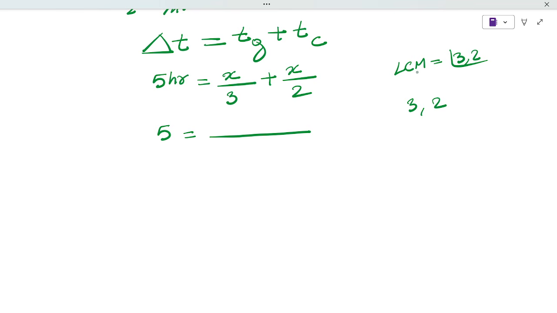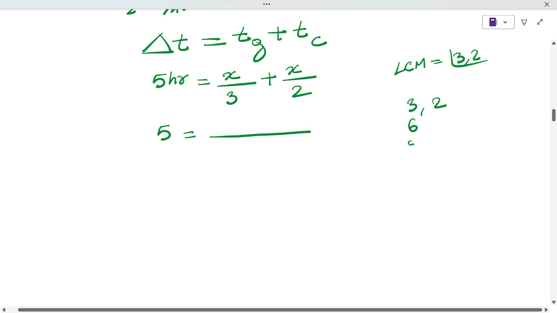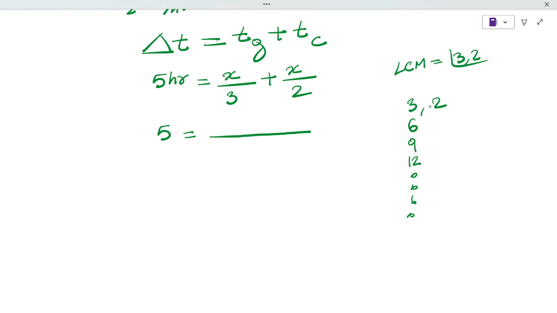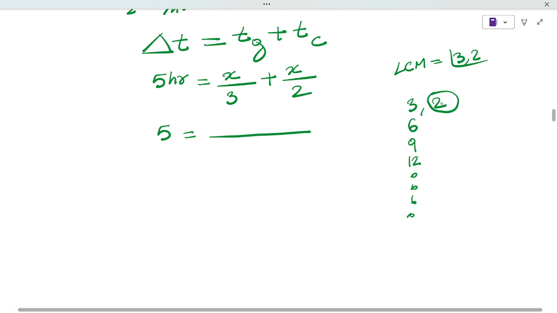LCM means lowest common multiple, so we deal with multiplication. Take multiples of the biggest number: 3 ones are 3, 3 twos are 6, 3 threes are 9, 3 fours are 12, and so on. Now for the rest of the numbers, here only 2, find the first multiple of 3 that is divisible by it.